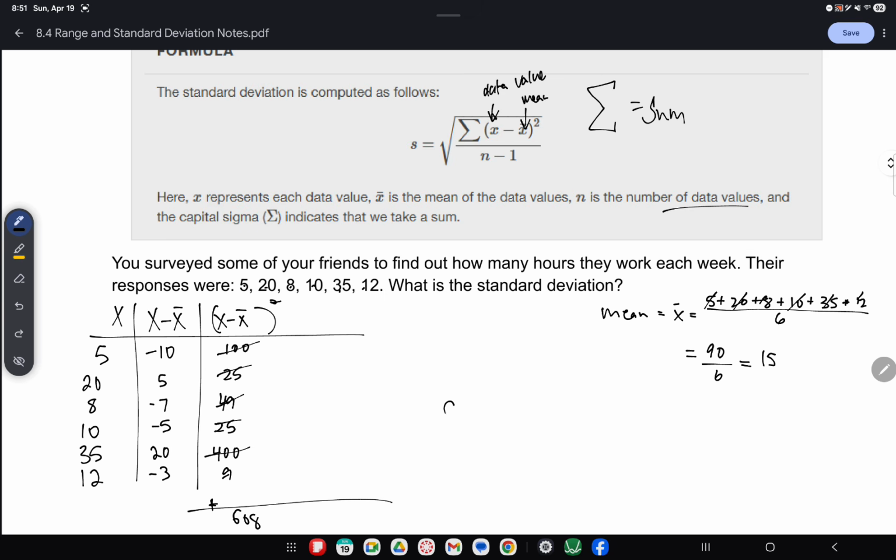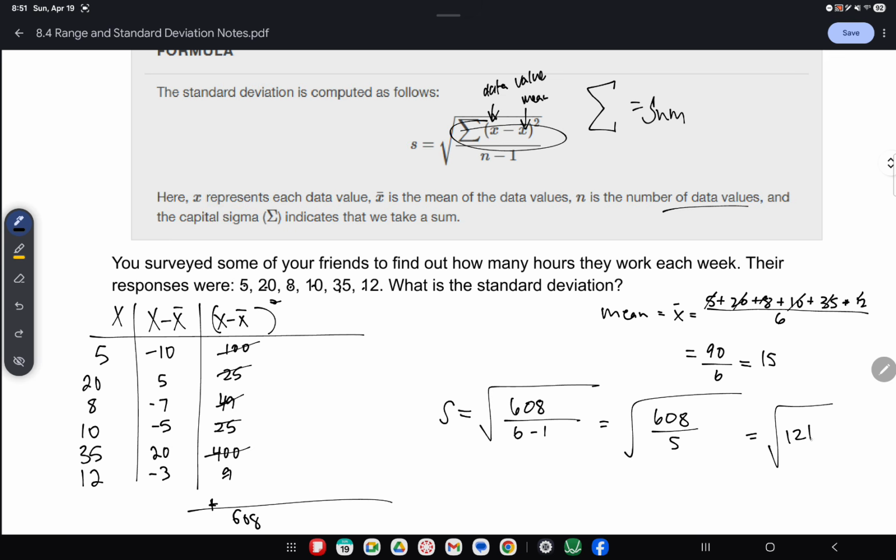If I finish out this formula with the square root, the sum of all the things squared is that 608. And then we have n minus 1. Remember there were 6 data values, so I subtract 1 from it. So really we have 608 divided by 5, and then we take the square root of that. 608 divided by 5 is 121.6.